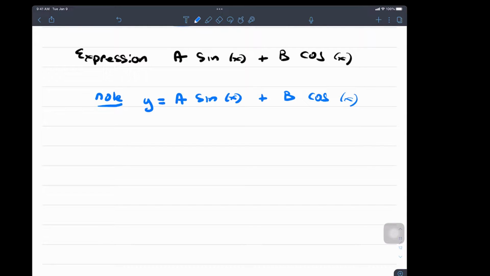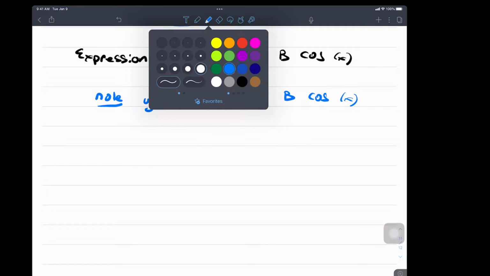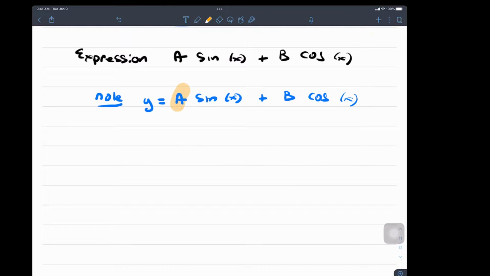You have to graph something like that, and you go, how do I graph a sum? Here's a constant A, and then here's a constant we call B. These are constants, A and B, and you have to graph this.